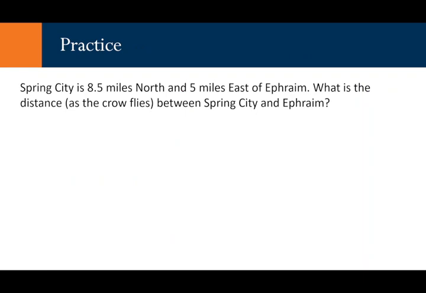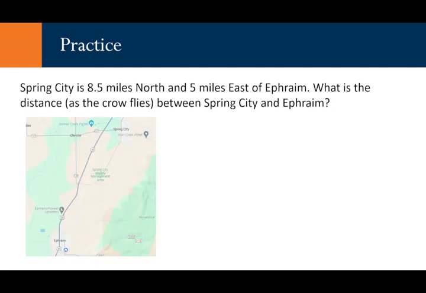This is a real one. So Spring City is northeast of Ephraim. Here's a map. And you take roads to get there, but if you were to find the distance, that's basically the straightest line, or if you could fly it, then we're looking for this black length here.